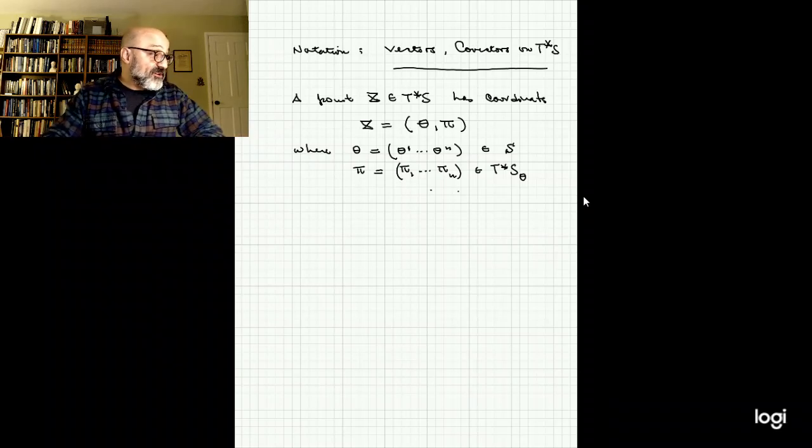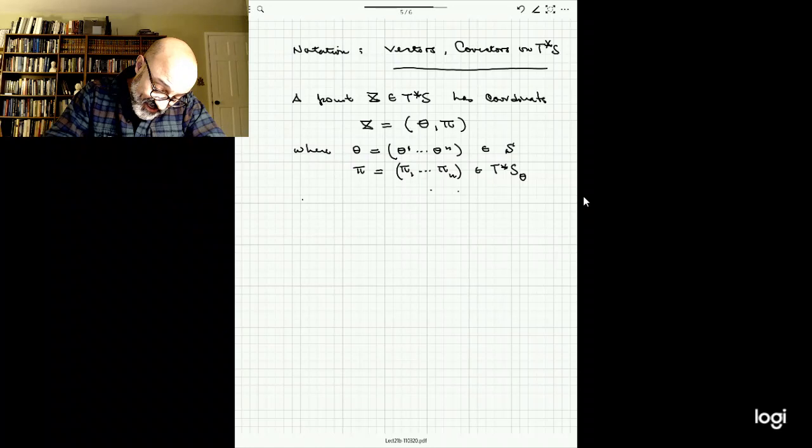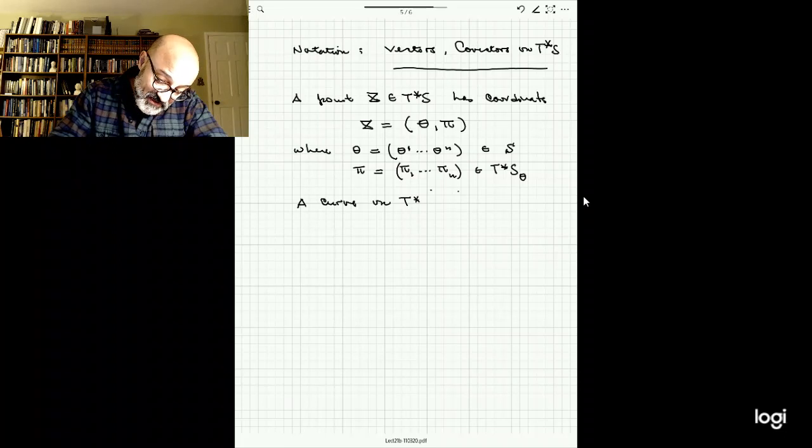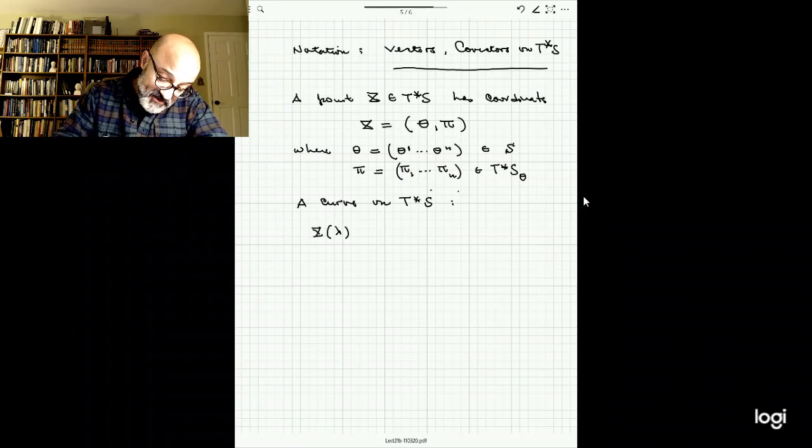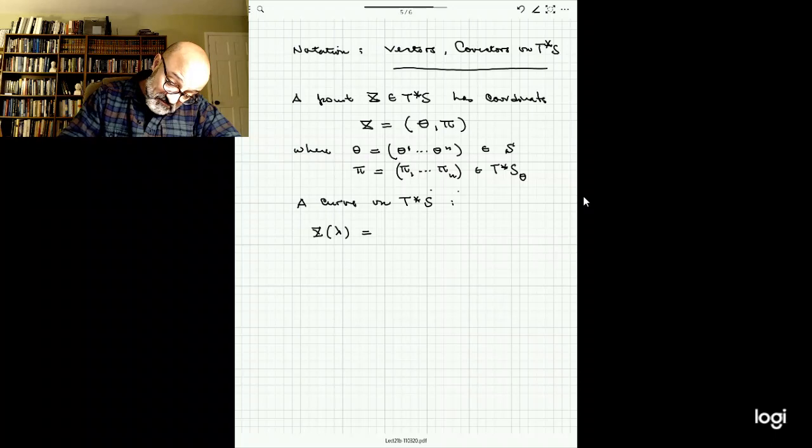Okay, a curve on T*S is going to be given by the coordinates X as a function of lambda, where lambda is a parameter on the curve. This is going to have its own coordinates, theta as a function of lambda and pi as a function of lambda.